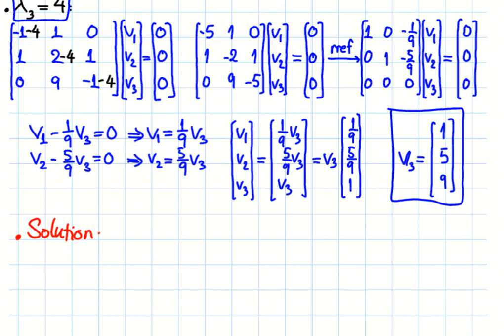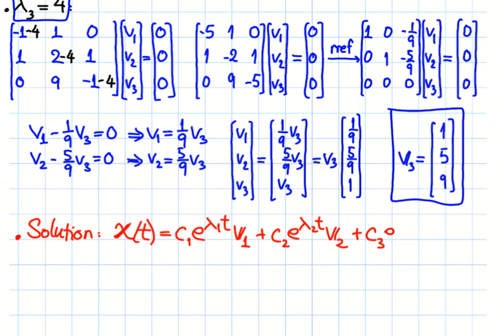And then we just write the solution. The solution will be in this vector form: C1 e to the lambda 1 t times eigenvector V1, C2 e to the lambda 2 t eigenvector V2, and C3 e to the lambda 3 t V3.